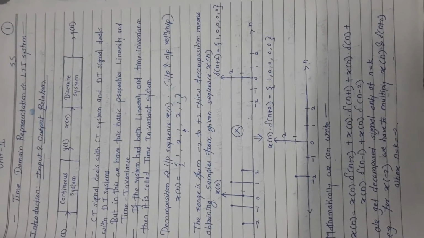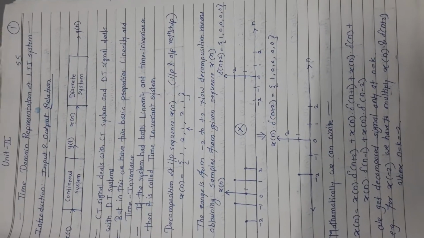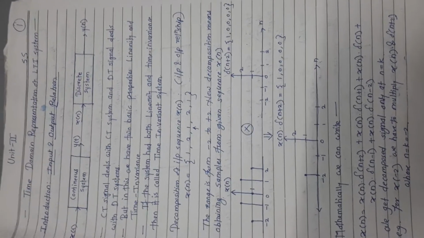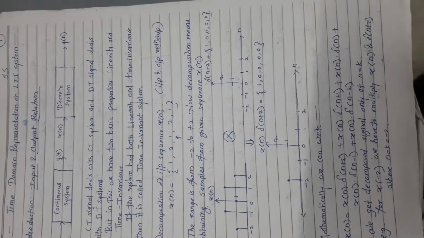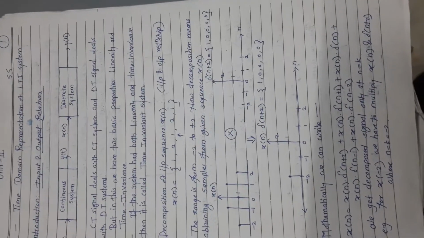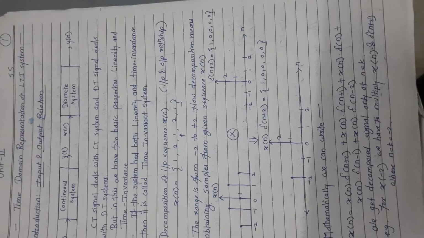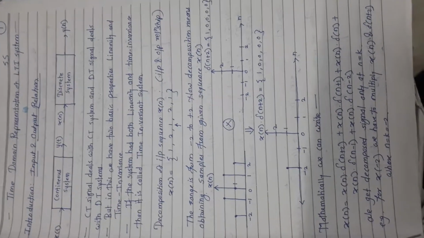The arrow below the middle 1 represents the origin of that discrete time signal. It has value 1 at the origin, at minus 1 it is 2, at minus 2 it is 1, at plus 1 it is 2, and at plus 2 it is 1.